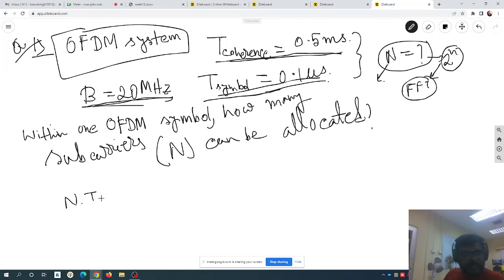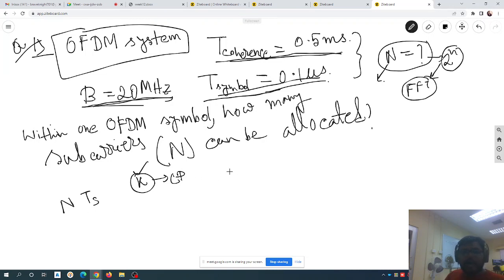So the first thing I will say, this is N into Ts. Let me clarify it. I have said the number of subcarriers is N and the symbol duration is Ts, and within this I have some CP also. Suppose CP is a very small fraction with respect to this N.